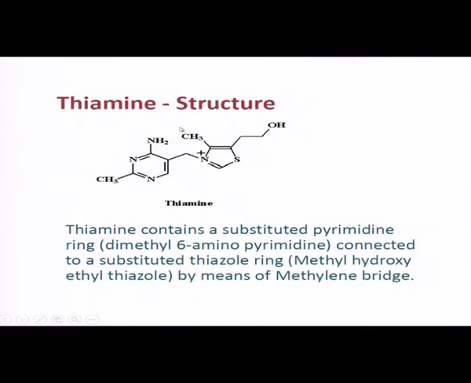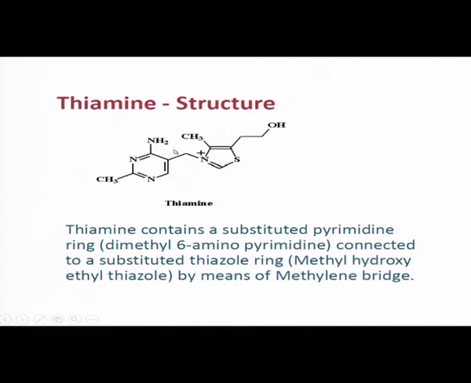So, this is one structure and this is connected to a thiazole ring. Here you have a methyl group and a hydroxyethyl group. That is why you call this a methyl hydroxyethyl thiazole. Okay, they are linked by means of a methylene bridge.